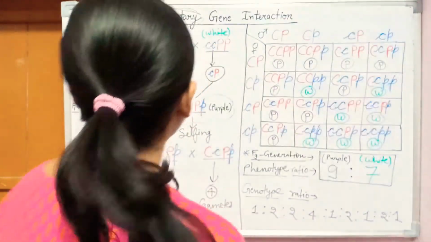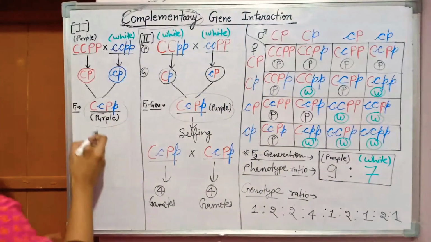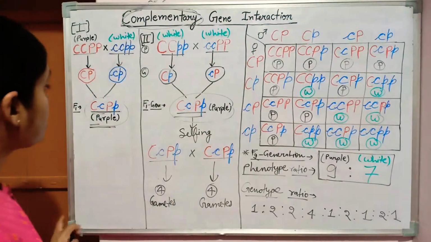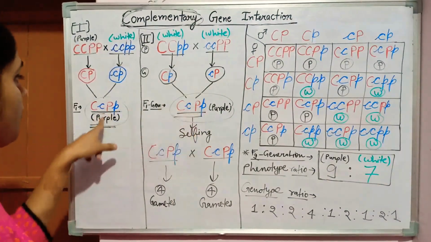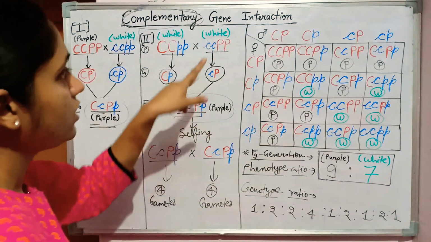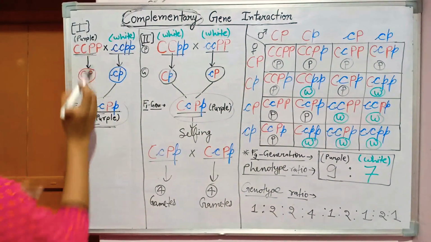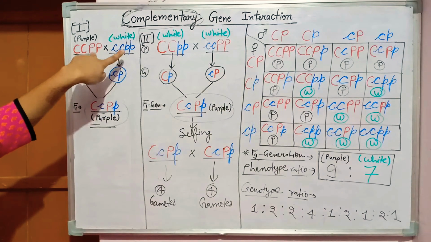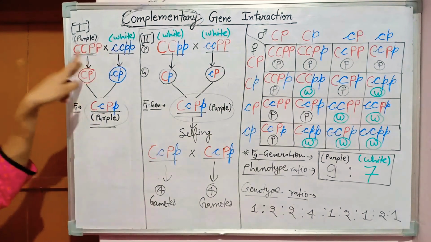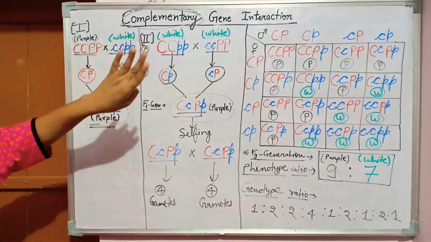Okay, so this is the cross of this complementary gene interaction. To understand this, the F1 generation from the two types of crosses is the same. In the first cross, we take homozygous parents, one parent having purple color flowers and the second having white color flowers, because in this one no dominant allele is present.